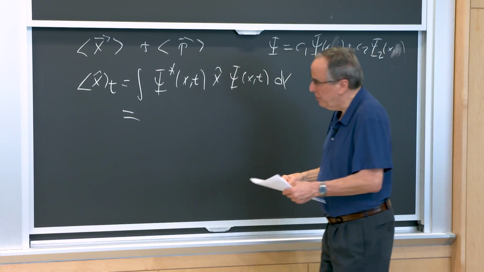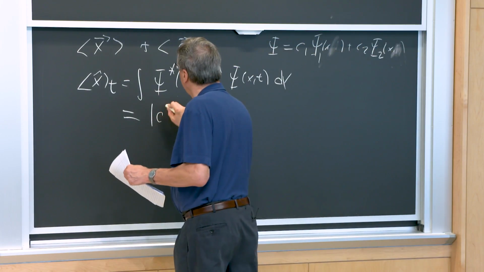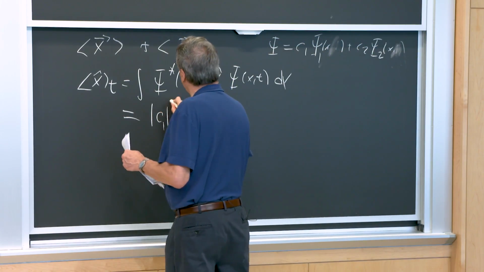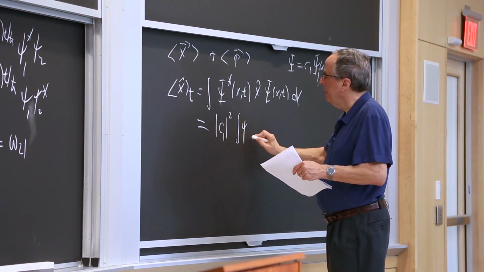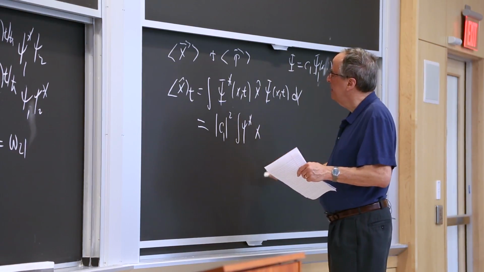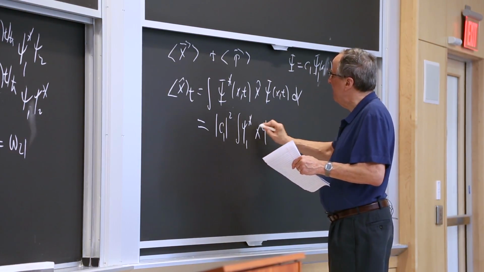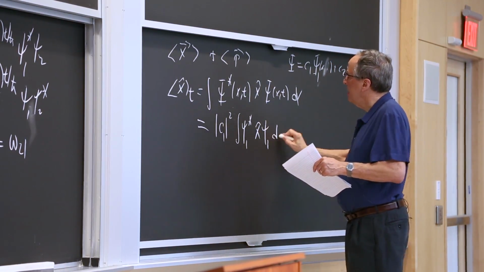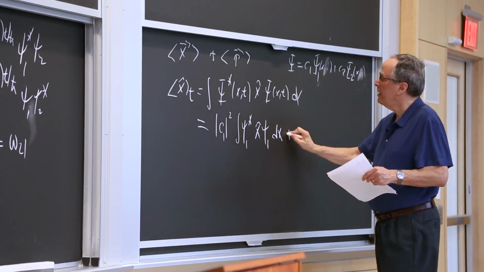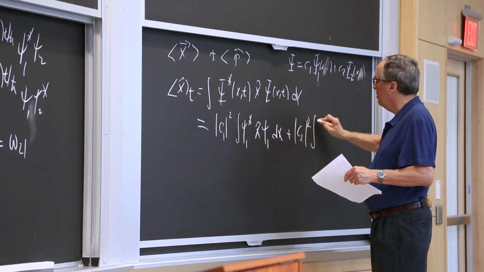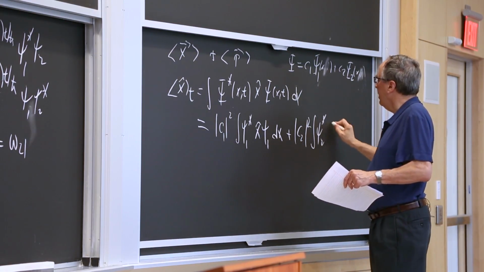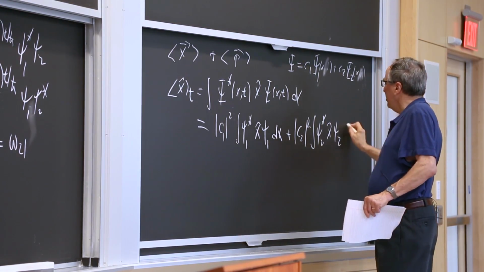Okay, so when we do this integral, we get C1 squared integral psi 1 star x psi 1 dx, and we get C2 squared integral psi 2 star x psi 2 dx.